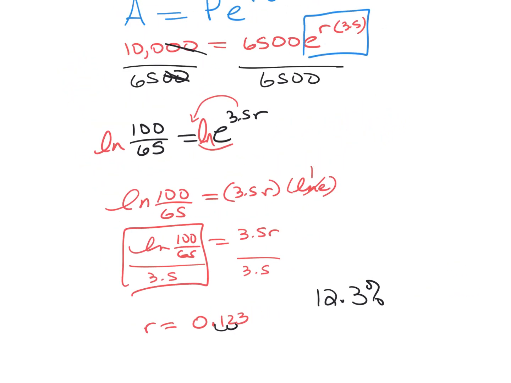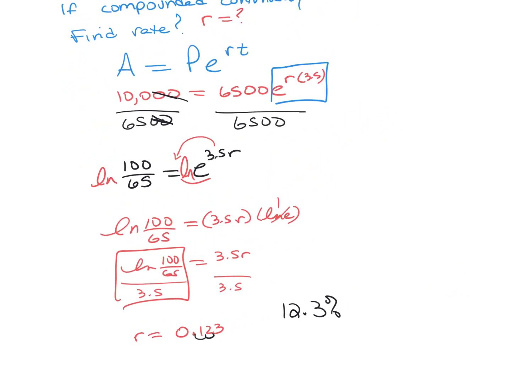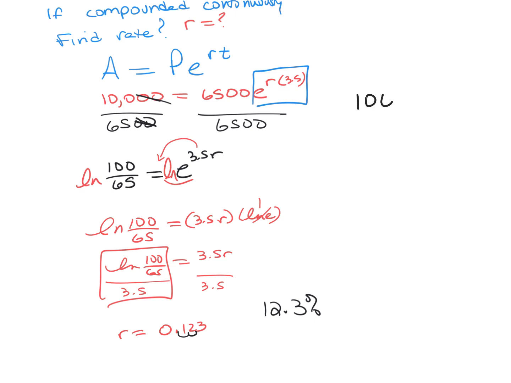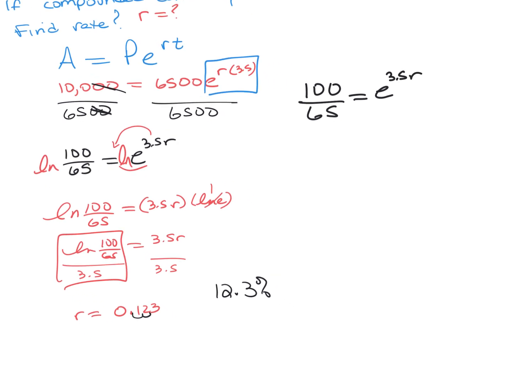The other way that you could have done this is, once you got this, 100 over 65 equals E to the 3.5R power. This is exponential. I can move this over here. If you want to divide this, you could. So 100 divided by 65, it's a crazy long decimal. I'm just going to leave it like that for now.